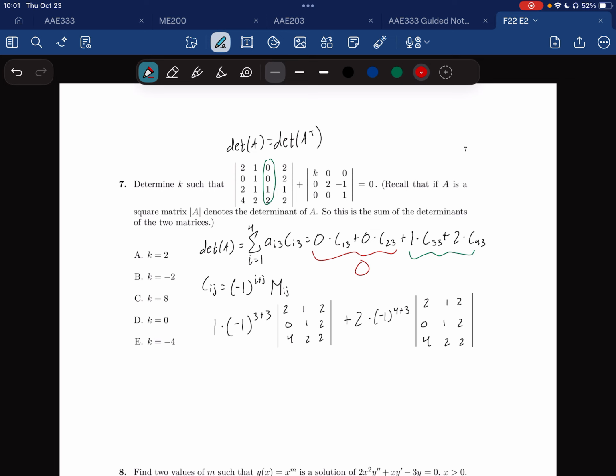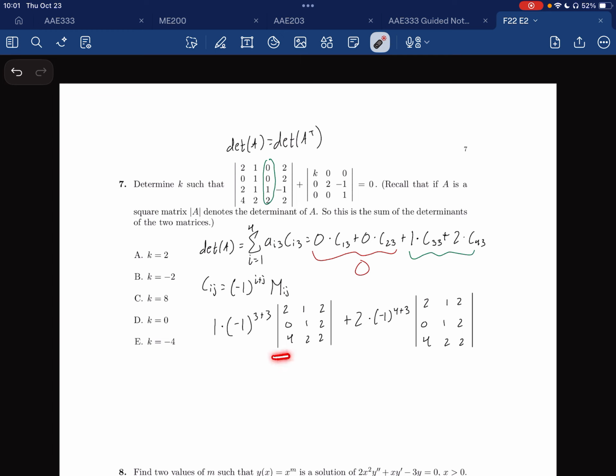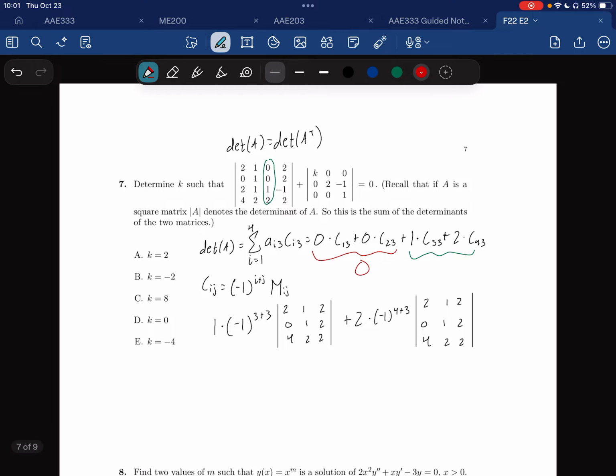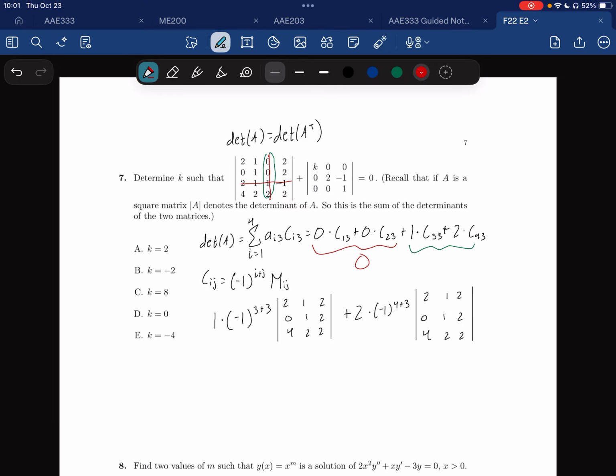For this first M here, I cross out the third row and I cross out this column, cross this out, cross this out. You get 2, 1, 2, 0, 1, 2, 4, 2, 2.